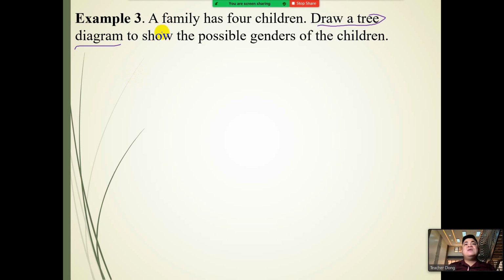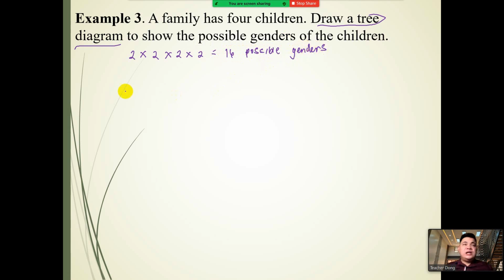So in this case, we have 4 children, and biologically speaking, we have 2 genders. We have male and female, or boy or girl. So for the first child, we have 2 genders, and for the second child, we have 2 genders. For the third child, we also have 2 genders, and for the fourth child, we also have 2 genders. So if we multiply them, you will get 16 possible genders.